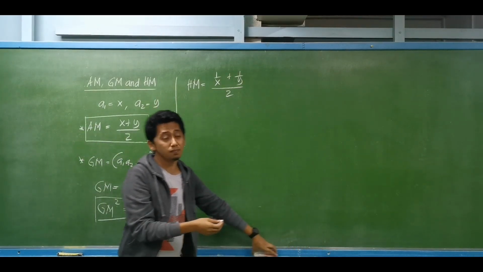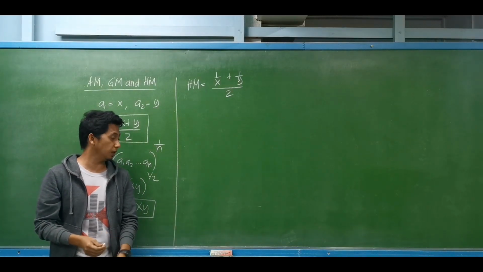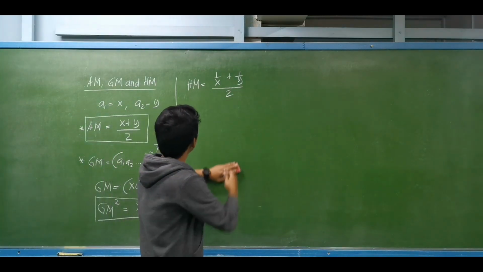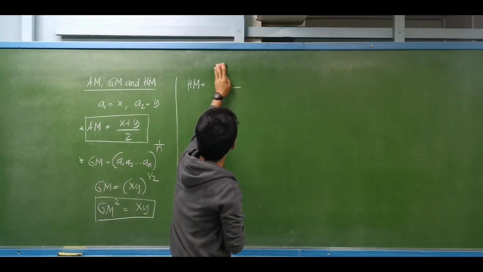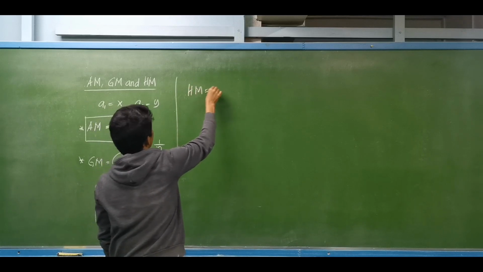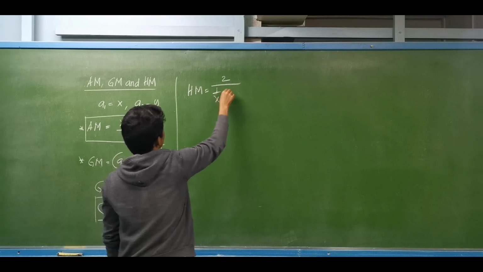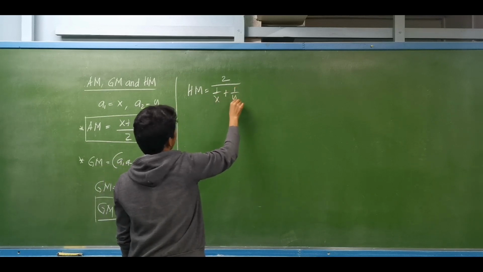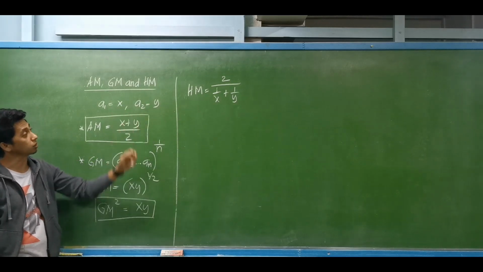But again, harmonic progression is the reciprocal of the arithmetic progression. So we are to take the reciprocal of the terms. We have the harmonic mean as 2 divided by the reciprocal of x plus the reciprocal of y. This is our harmonic mean of these 2 terms.